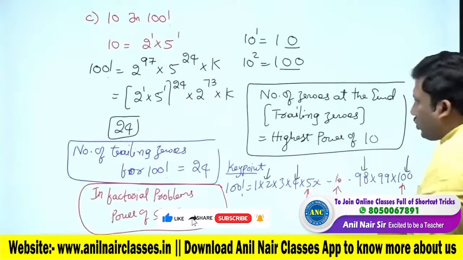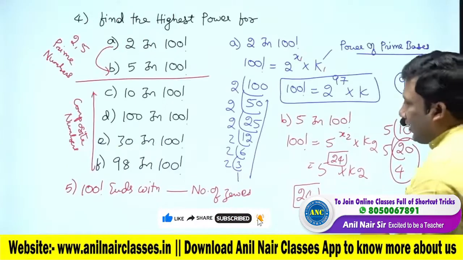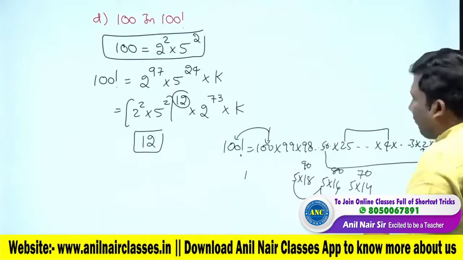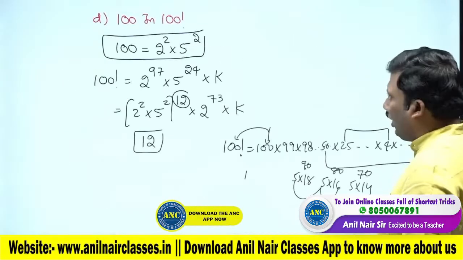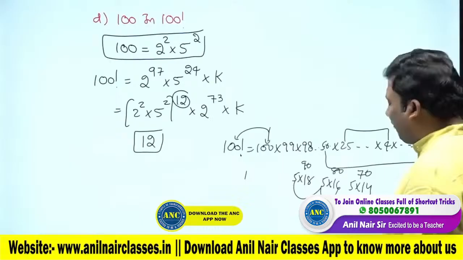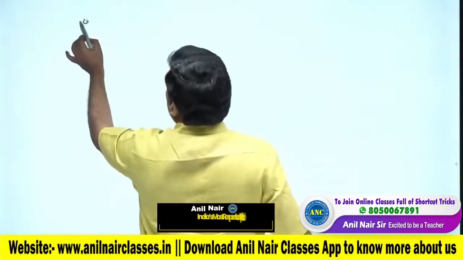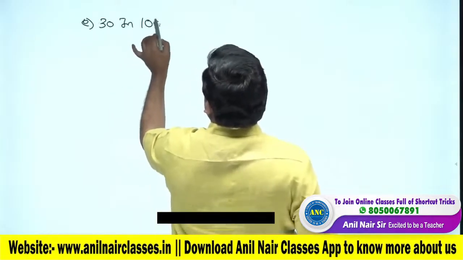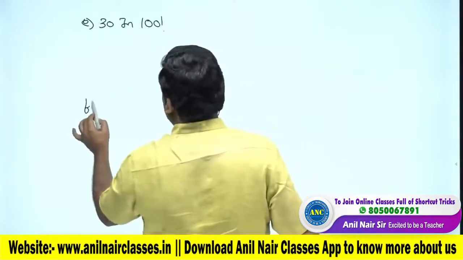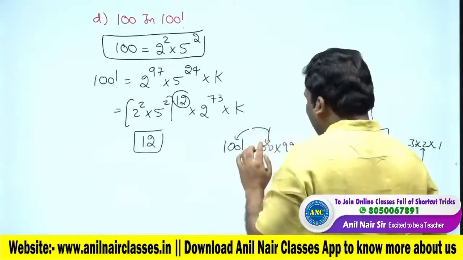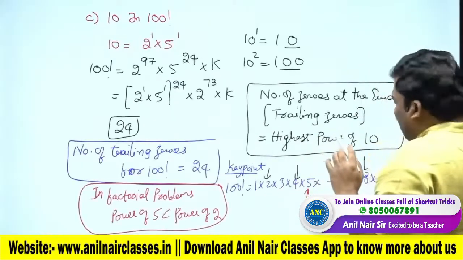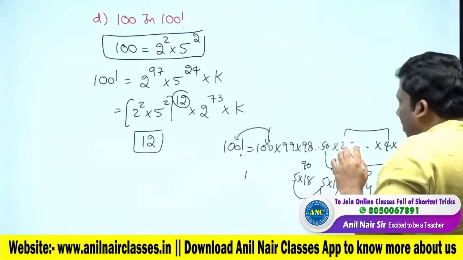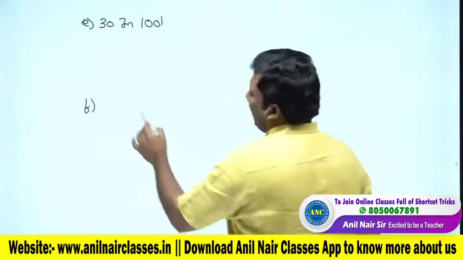What are the other questions that we missed out? 1300 factorial, 98 in 100 factorial.